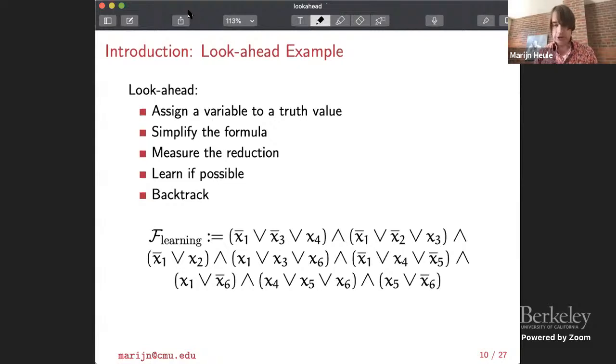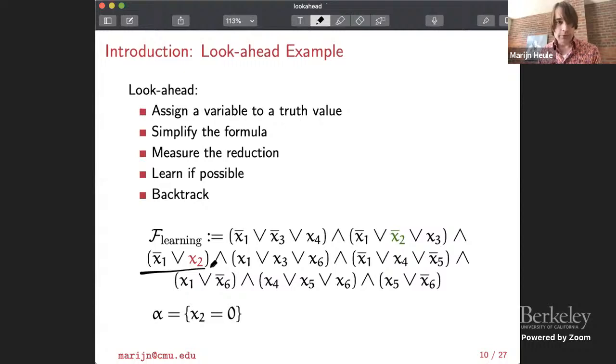So this is the high level steps of look ahead. Now let's look at an example. On the bottom of the slide, you see a formula F. I will use this formula throughout the remainder of this talk. How does a look ahead work? We start by picking a variable and a truth assignment, for example, x2 and false. So we assign x2 to false. What you see now is that this clause becomes unit.